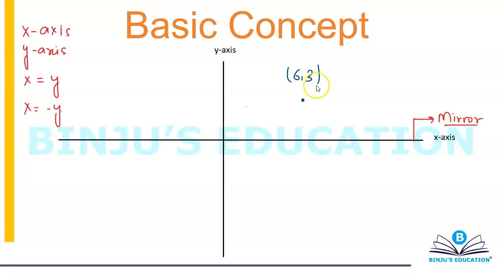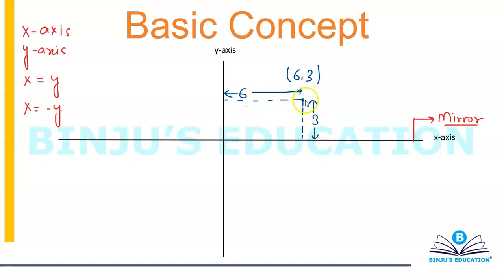That basically means that this distance will be 6 and this distance here will be 3. This is basically what it means.